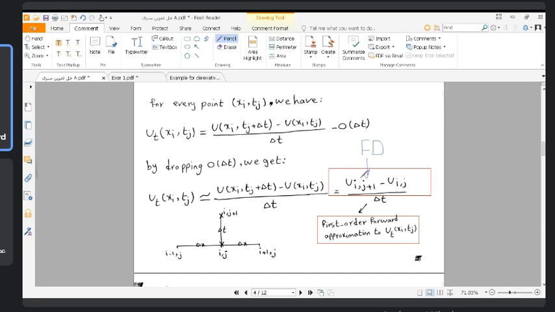FD means finite difference, and this formula is the finite difference formula for u_t. Okay?